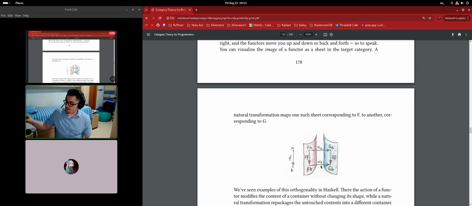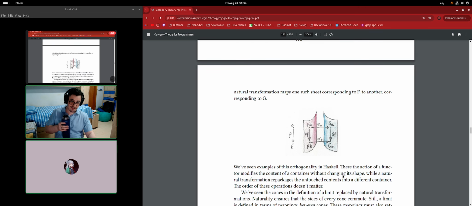When Edu was explaining functors to me back in the day, he was using sheets of paper to explain them to me. But the sheets of paper are different in here because Edu was saying that you have the realm of values and things, and then you have the realm or the plane of existence of lifted things, and then the functor is the way that you go from one realm to the other realm.